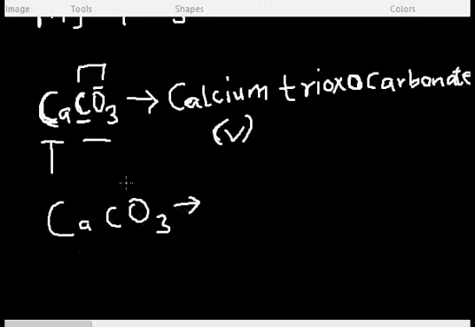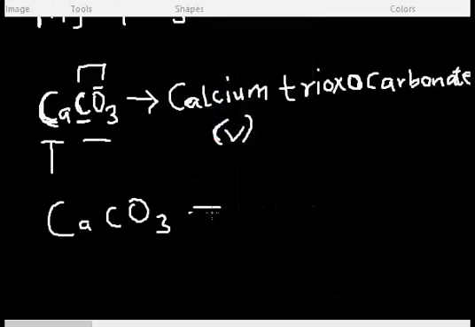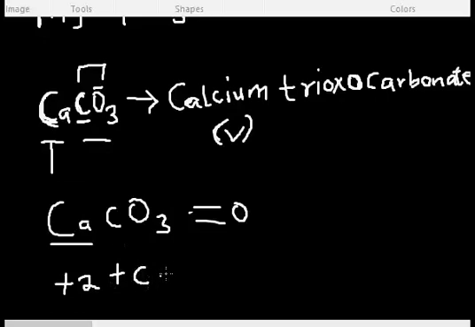The total oxidation number of a compound is equal to 0. So the oxidation number of calcium, we already know, is +2. That is the valency. What I mean by oxidation number is the valency. Now I want the oxidation number of carbon. That's what I'm looking for. Then plus the oxidation number of oxygen, which is -2.